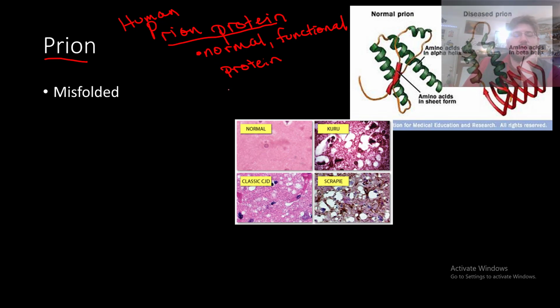I don't remember offhand what the specific function of human prion protein is, but you have a normal prion protein in your body. But some people will have a defect in the human prion protein gene that causes the protein produced by that gene to be misfolded, and misfolded in just the wrong way.